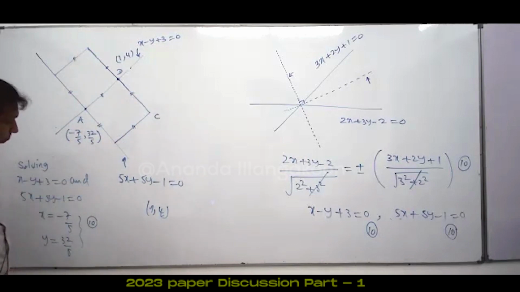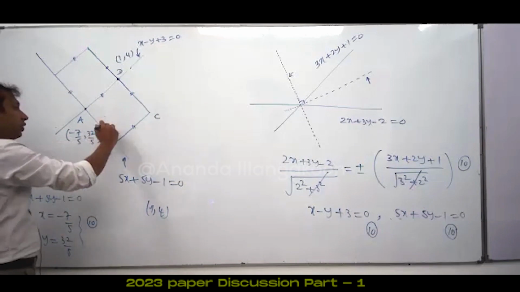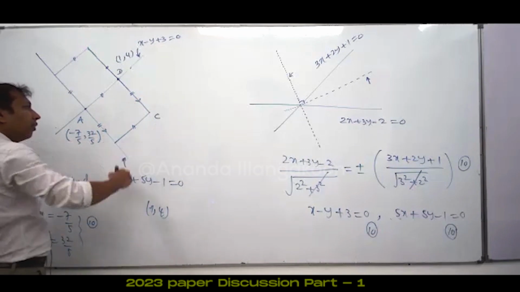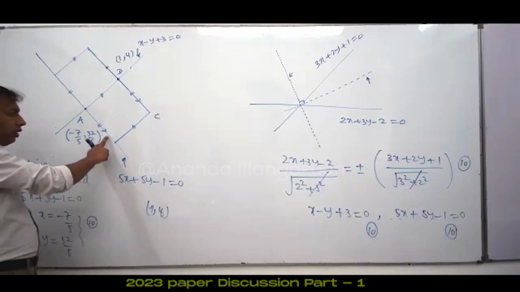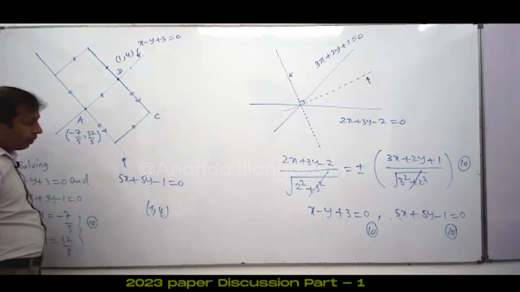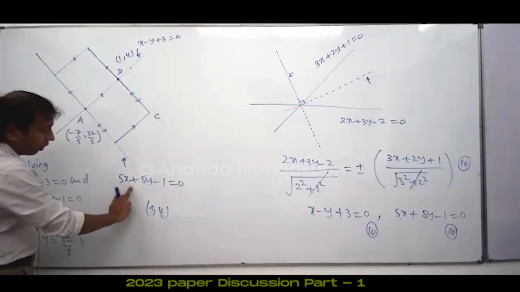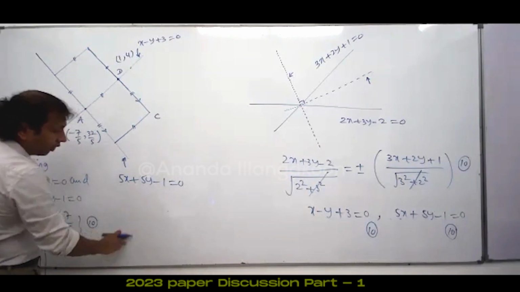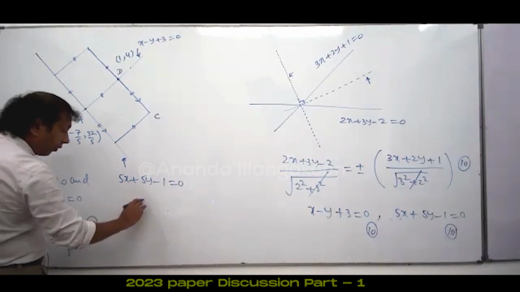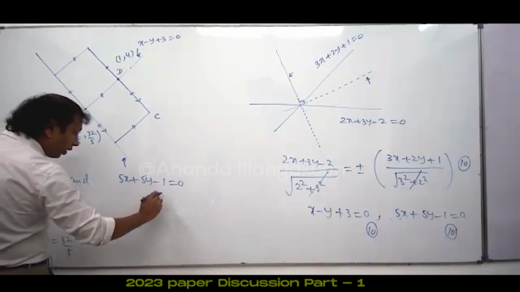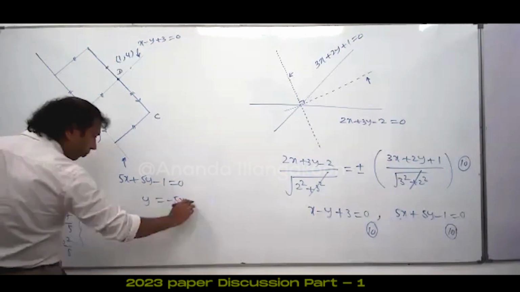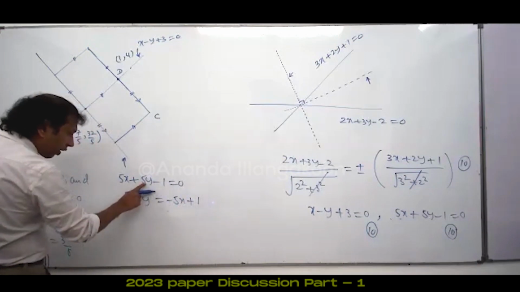How? You know, since this is a square, this side and this side are parallel. Then the gradient of this line and gradient of this line are equal. Gradient of this line can be found by using the equation. How to find gradient? Make y the subject. When you make y the subject, the right hand side is minus 5x plus 1 divided by 5.